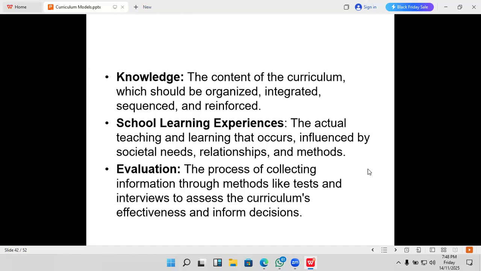According to Kerr, whenever we decide a teaching method, whenever we try to give some skills to the children through the teaching learning process, it should fulfill the social needs, because we can't prepare the students only for the exam.